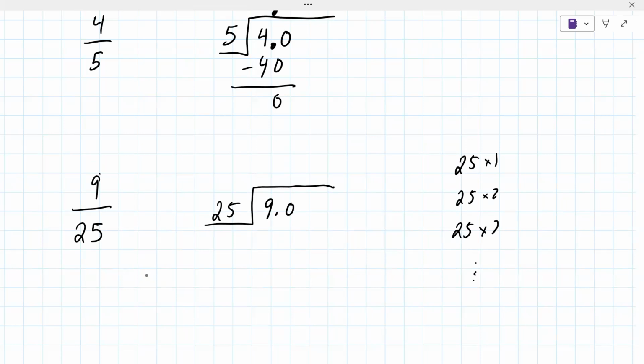Okay. How many times does 25 go into 90? Three times. Goes in 3 times. 3 times 25 is 75.